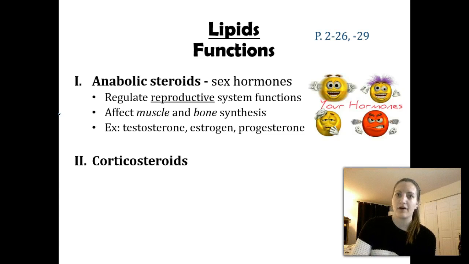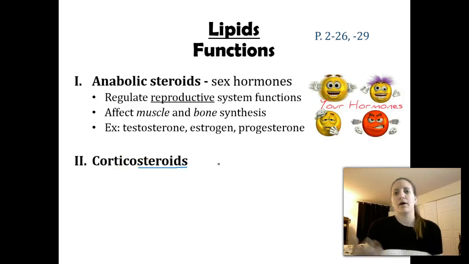Now, the second group of steroids that you need to know are corticosteroids. So you still see steroids in it, so you know, okay, this is a cholesterol-based hormone. Cortico, well, you'll see kind of what that means. I don't have an exact function of it, but one of the examples also has cortico in it.